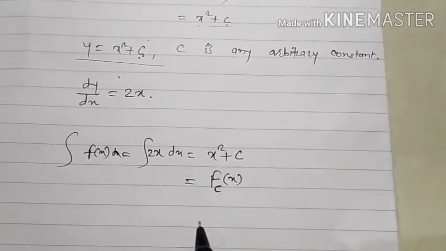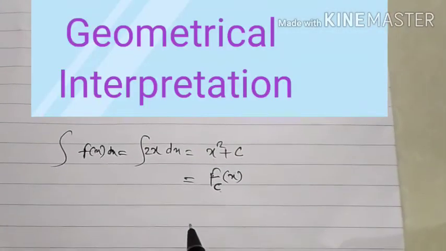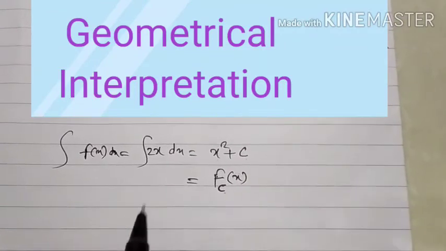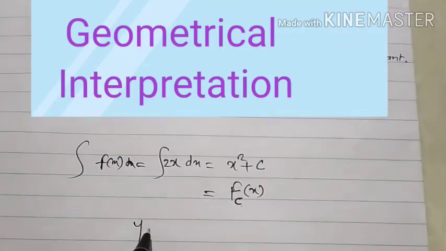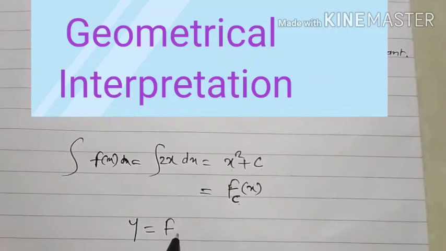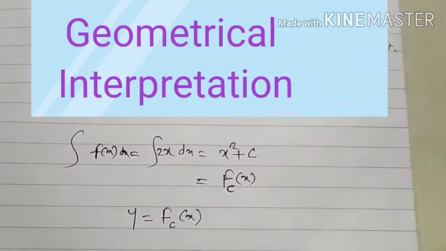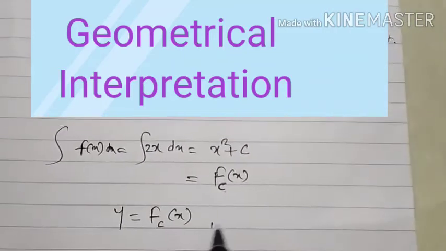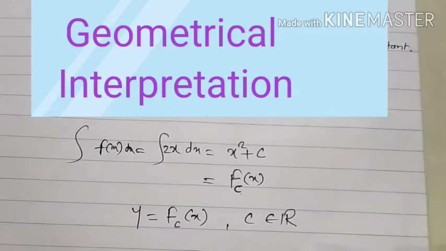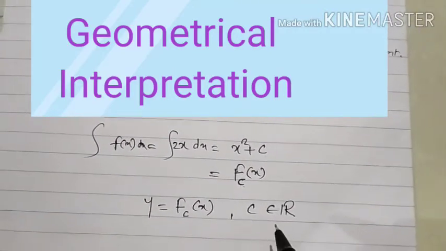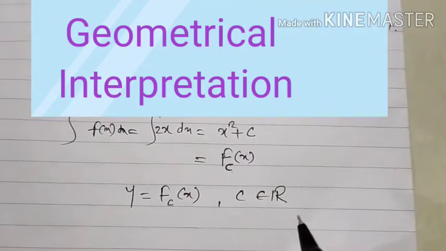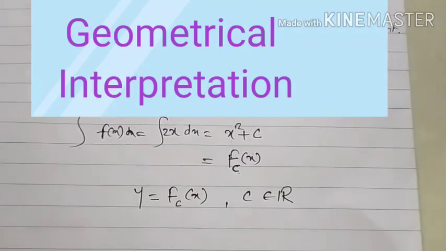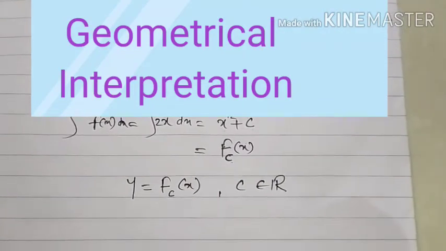So this implies that the tangents to all the curves, that is y equal to f of x plus c, where c belongs to the set of real numbers, at the points of intersection of the curves by the line x equal to a are parallel.